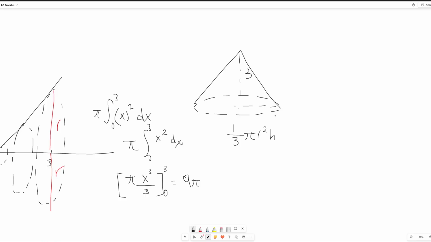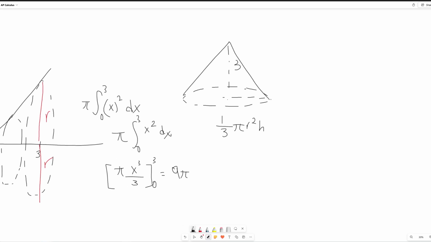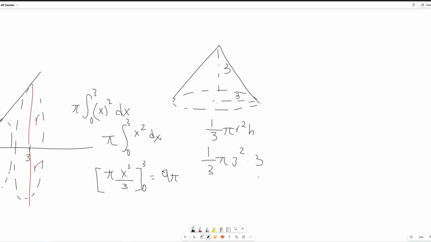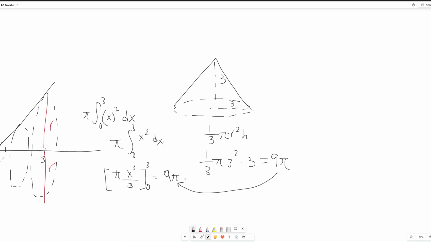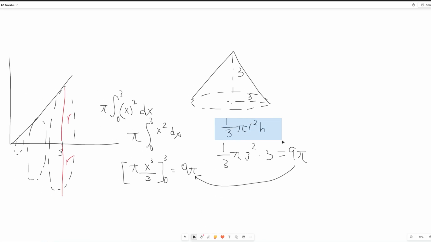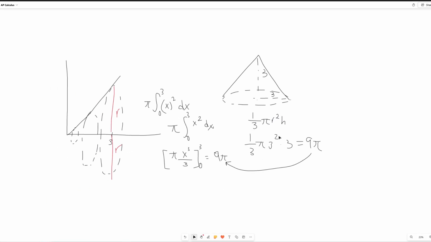So our x value is 3. Our y value is 3. So 1/3 pi 3 squared times 3 is going to end up being 9 pi, which should match up with our answer over here, and it does. So if you wanted to find it by using this formula, then you also could have done that.